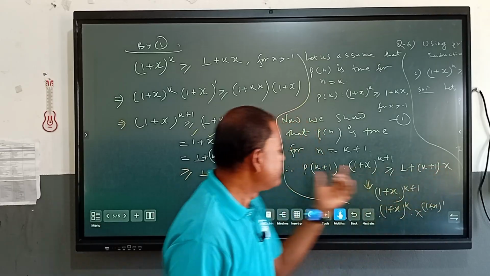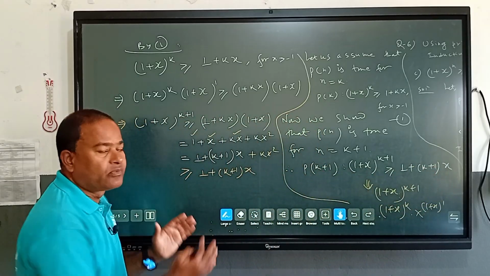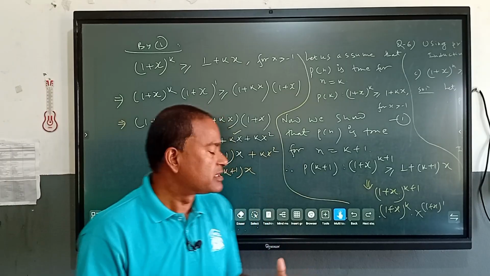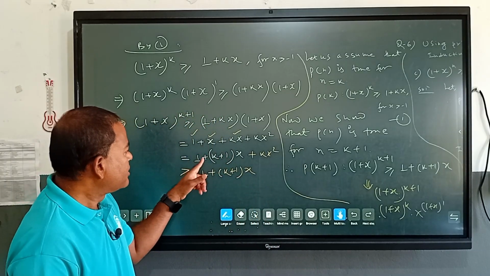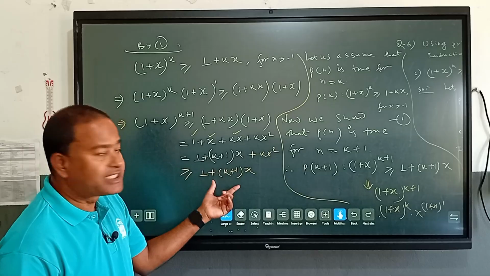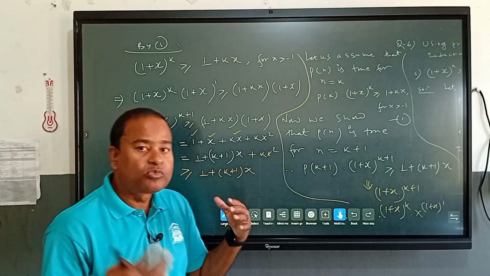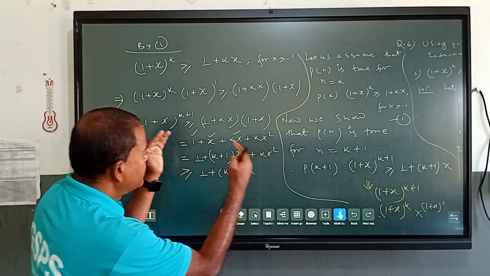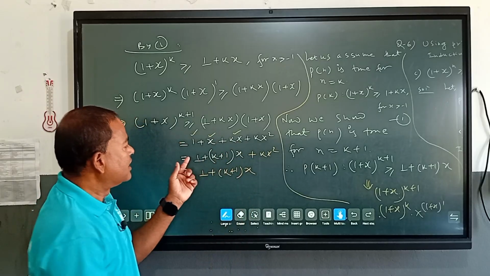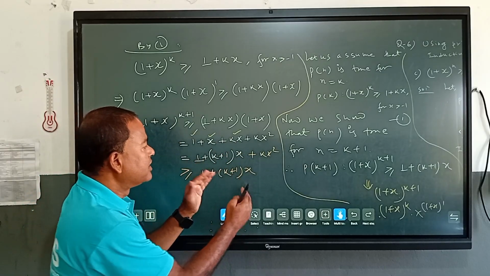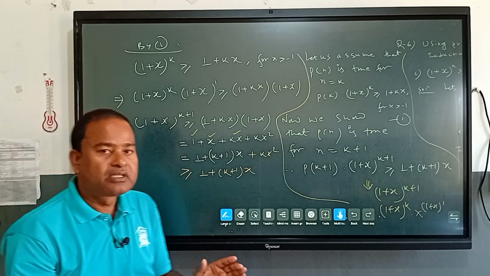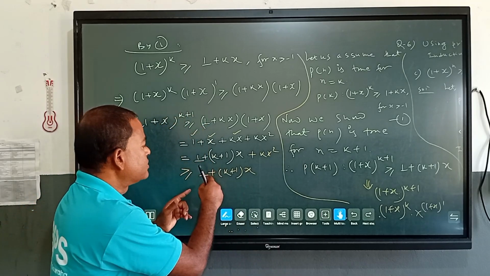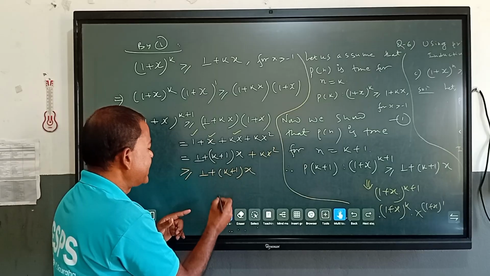So we have simply copied over here, and let us see whether we can write it or not. So 1 plus k plus 1 x, both these are balanced, and we have one more extra term. From this whole expression, we have simply written the first and the second term. So this whole expression we can easily write as greater than or equal to 1 plus k plus 1 x.